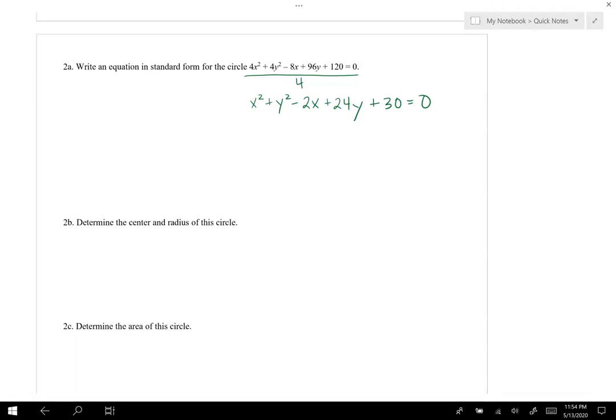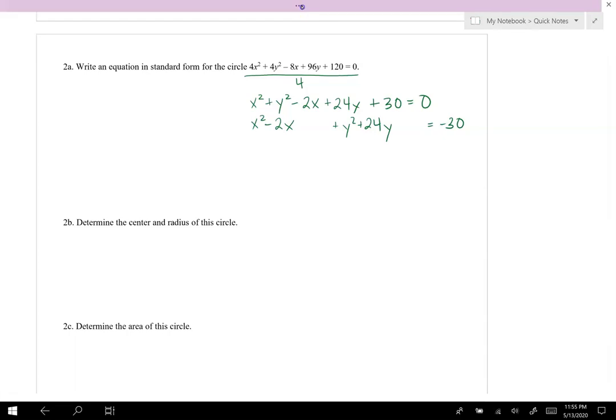Okay, and then I'm going to rearrange these so I have all my x values together, then my y values together, and then that squared is kind of hard to see, so there. And then I'm going to move the 30 over to the other side. Okay?